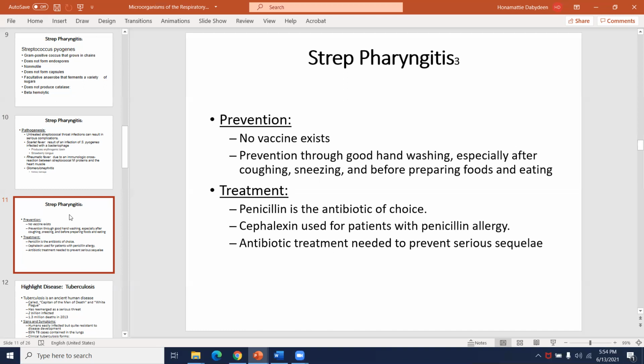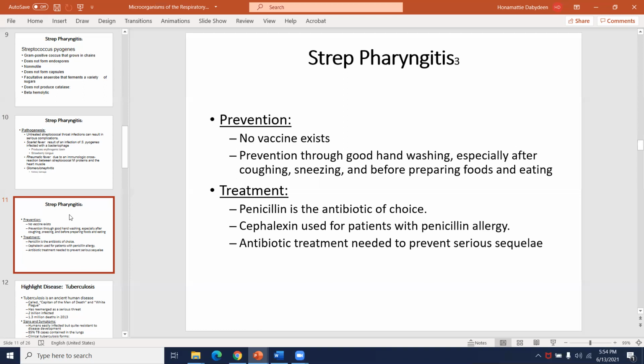It's very difficult, if something is in the air and you happen to be in the area, not to be inhaling it, but usually just hand washing, especially after you cough and you sneeze, and before you eat your food, especially if you're going to touch the food or if you're preparing food for somebody else.